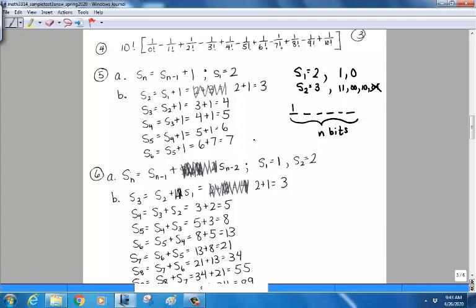Now, if it starts with a 1, then you can sort of ignore that bit, because that is not the beginning of the substring 0, 1. The substring 0, 1 begins with 0. So that possible bad substring is not going to begin at the first bit, because the first bit is a 1.